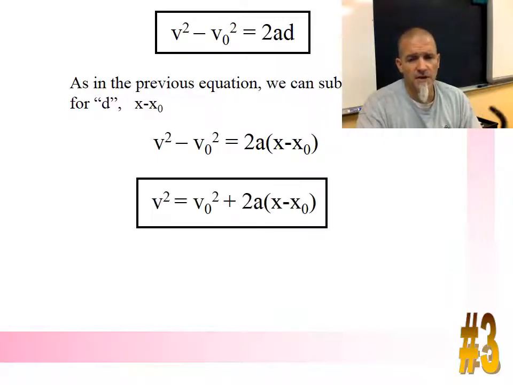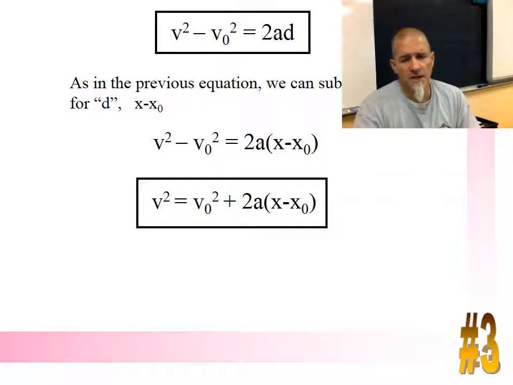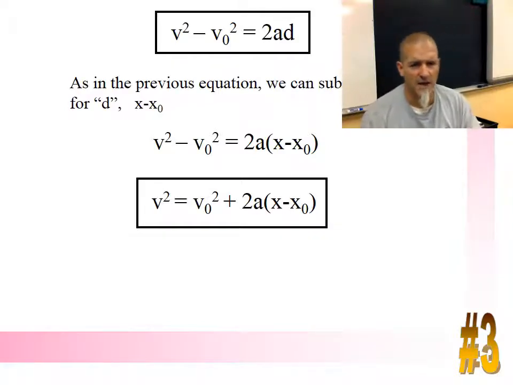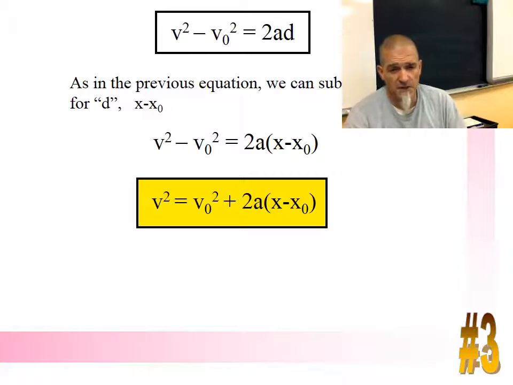And then it takes another step further and moves the v0 squared to the other side. So it basically isolates the v by itself. Again, it's the same equation. Please recognize that. This term here, x minus x0, is just d. And then we've just moved the v0 to the other side, trying to get this v kind of by itself. This is the form that you'll see on your AP equation page, what's here in yellow.